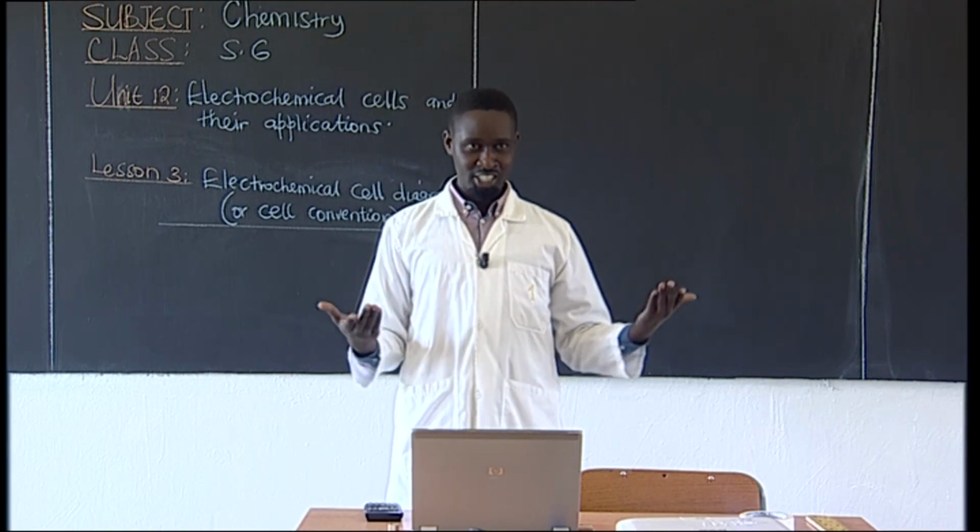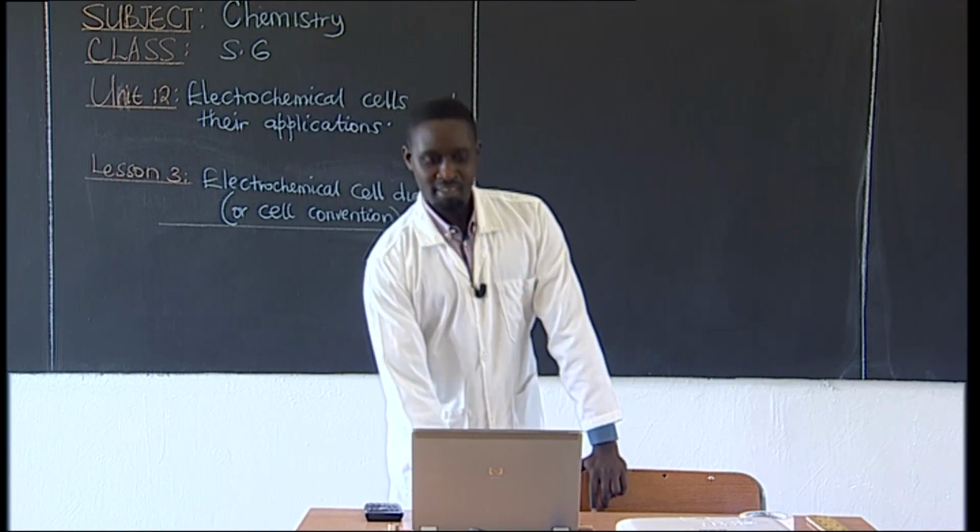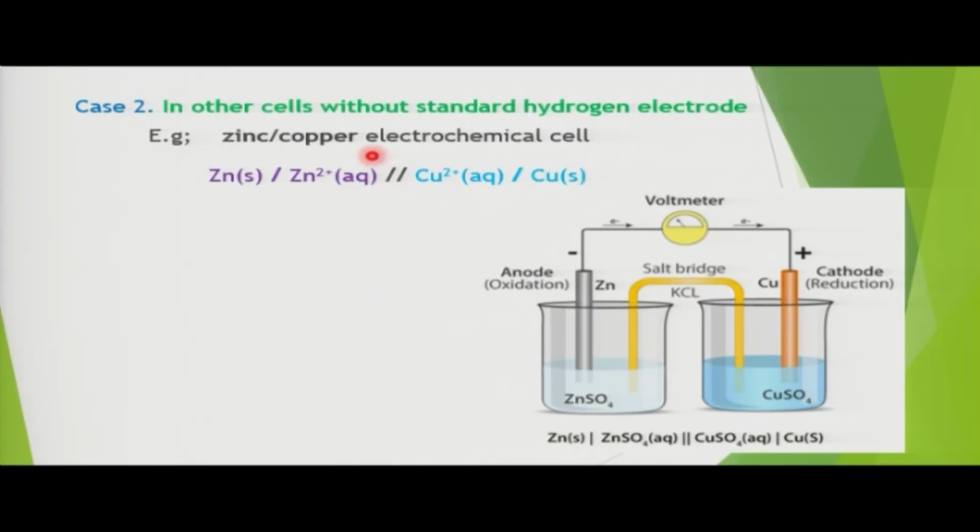So if you don't have the SHE, then you present them as usual. The half cell undergoing oxidation goes on the left-hand side. The half cell undergoing reduction goes on the right-hand side, as you see. This is the flow of electrons. So this is how you represent it.